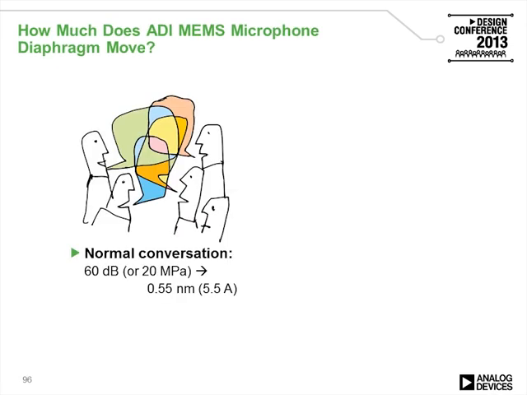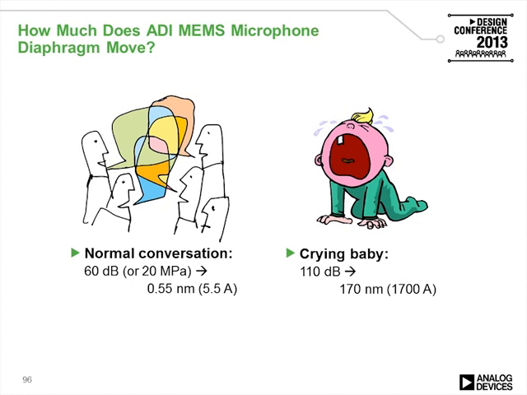Just to get a sense of how much the microphone diaphragm moves in response to different sound levels. In response to normal conversation, the microphone diaphragm would move about 5.5 angstroms. And in response to a crying baby, so something that would probably hurt the human ear, the diaphragm moves about 1700 angstroms.